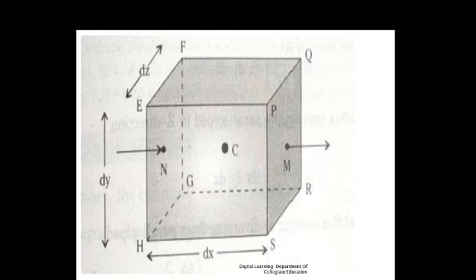Let us discuss by considering a parallelepiped in which the velocity of a fluid is entering and leaving from the faces P, Q, R, S, E, F, G, H, with dx, dy, dz, where dx is along the x-axis, dy parallel to the y-axis, and dz along the z-axis.